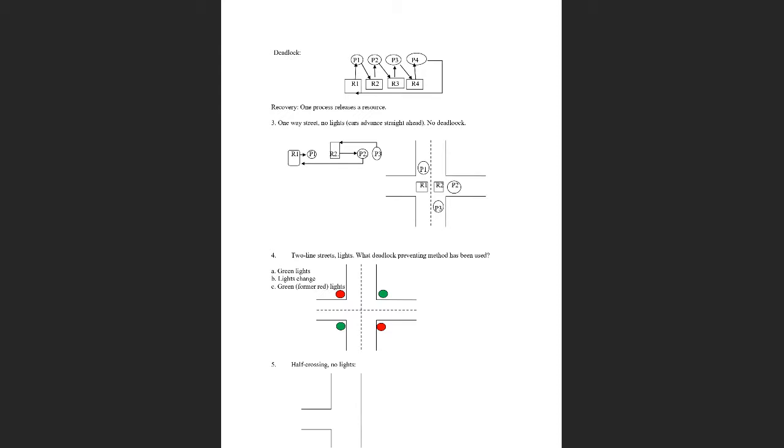Another situation which is not a deadlock is a one-way street with no lights, where cars advance straight ahead, therefore there is no deadlock. P1 is assigned R1 and then can leave the resource R1, then P2 can be assigned R2 and then go ahead, leaving R2 to P3.